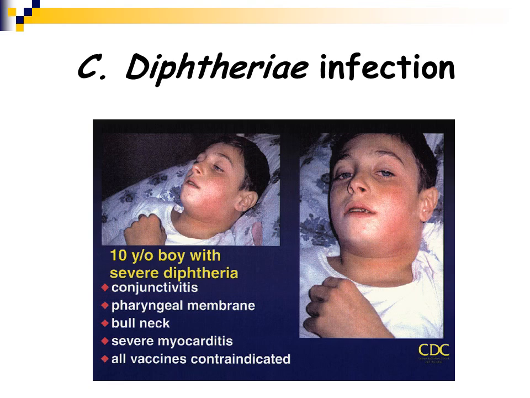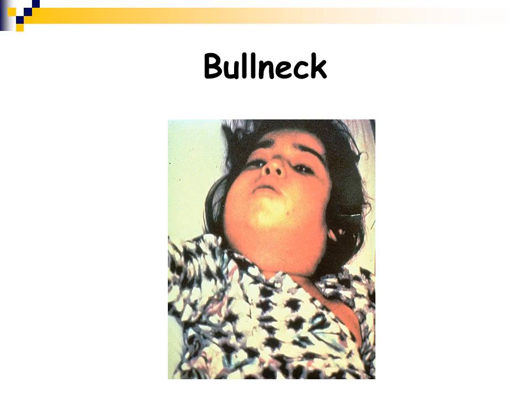In this case, he had inflammation of the myocardium, the muscle layer of the heart. Diphtheria, like I said, is seen in the United States, although it is a more rare disease. Here's another picture showing that bull neck appearance that is commonly seen in diphtheria patients.